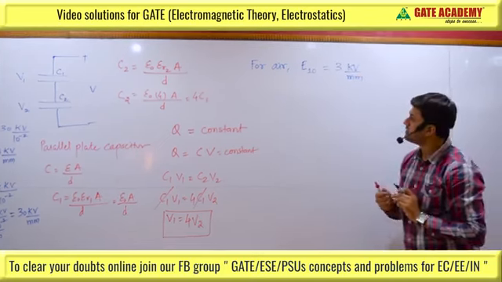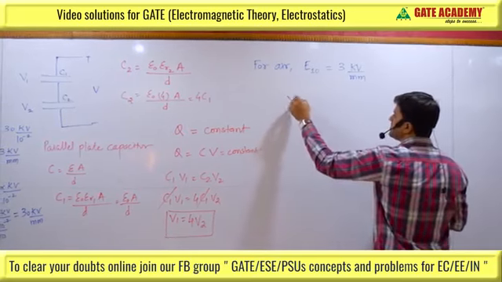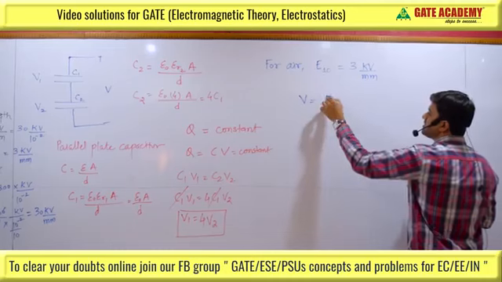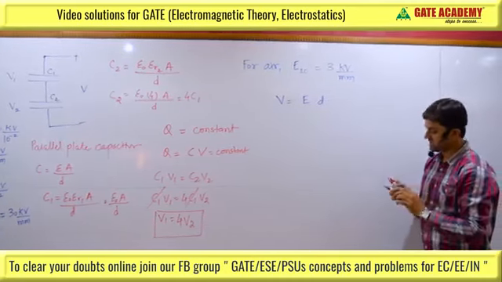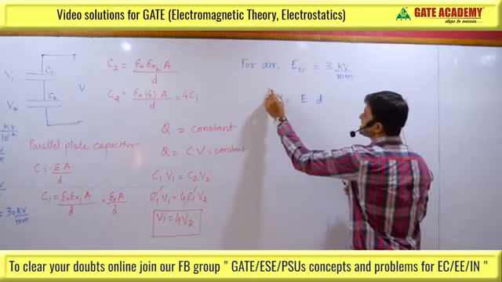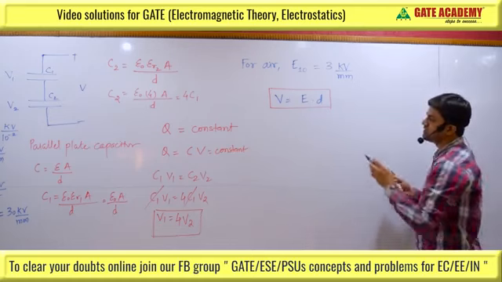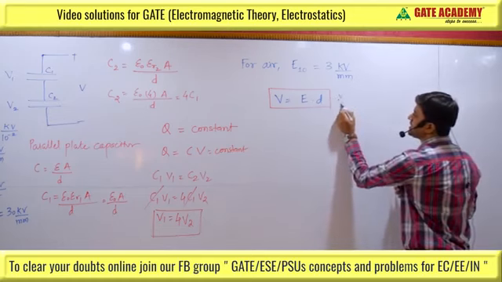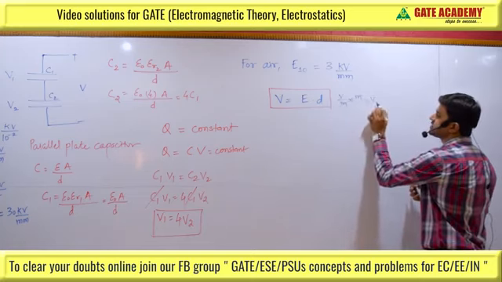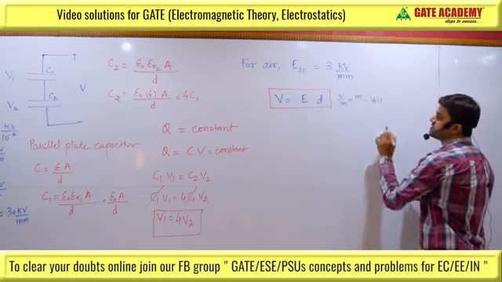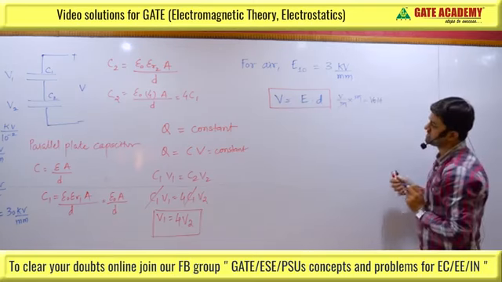Now the potential and electric field are related as E into D, because its unit is volt per meter and the distance is in meter. So this meter will get cancelled, so we will get volts. So voltage equal to electric field into distance.